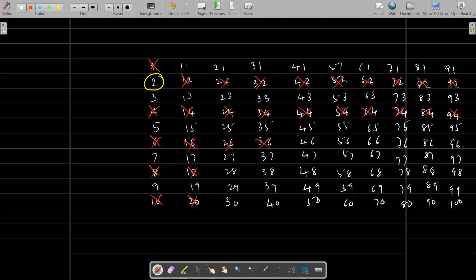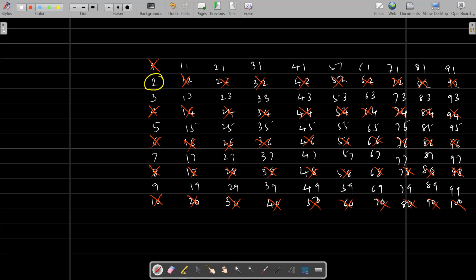Because 28, 38, 48, 58, 68, 78, these are surely not primes. They are multiples of 2 and they have a proper divisor 2 itself, right?